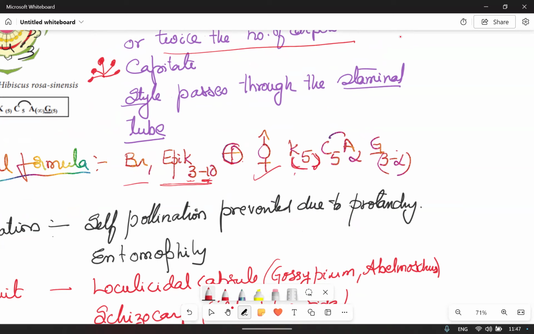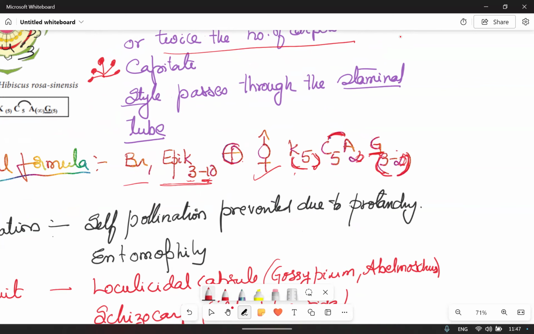Corolla, 5 petals, polypetalous. Those are not in the brackets, that's why polypetalous. Androecium, numerous, showing epipetalous condition. Gynoecium superior, 3 to many, and syncarpous in the brackets.